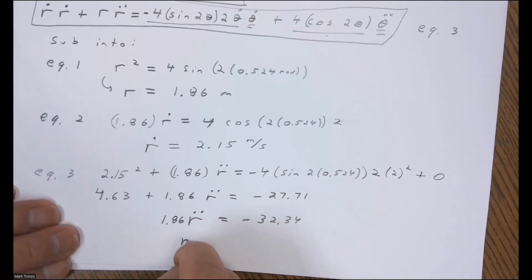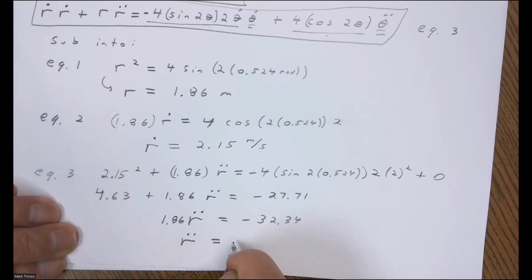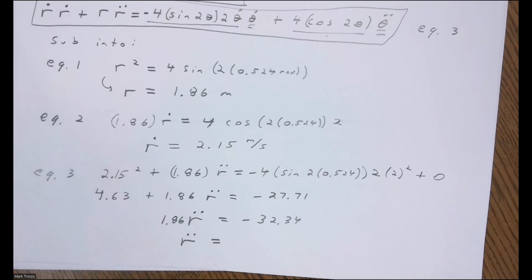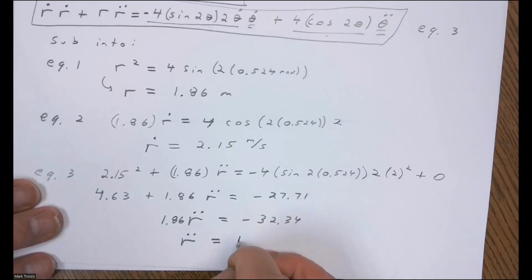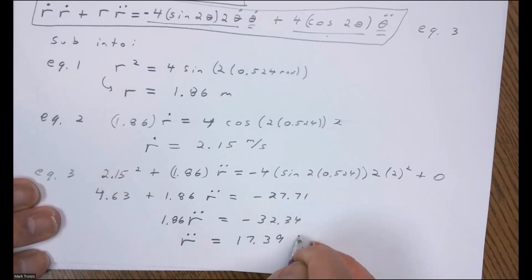So it looks like r double dot is going to be equal to, when we divide it by 1.86, we get 17.39, and that'd be a negative meters per second squared.